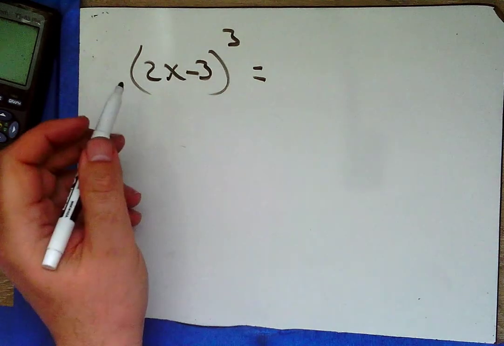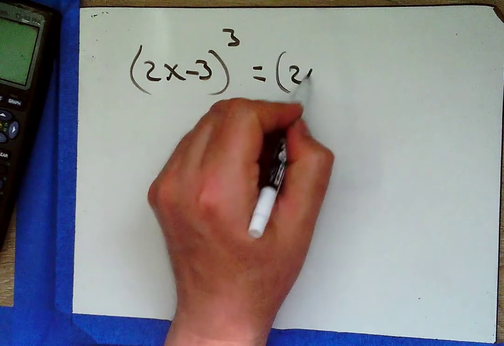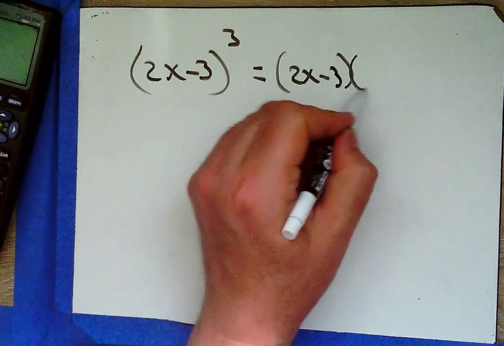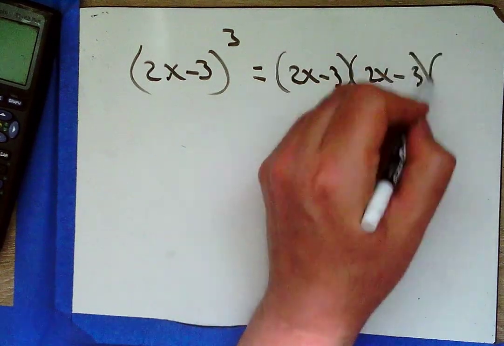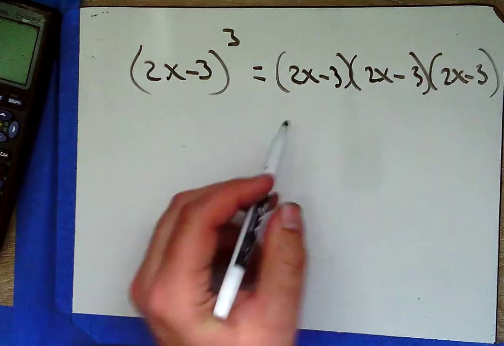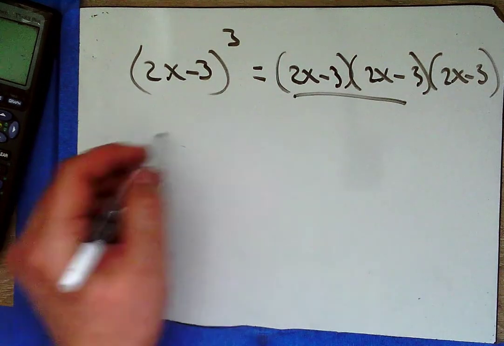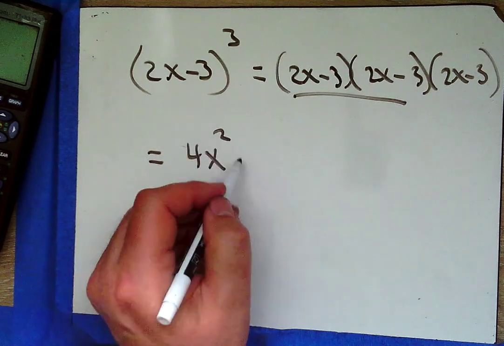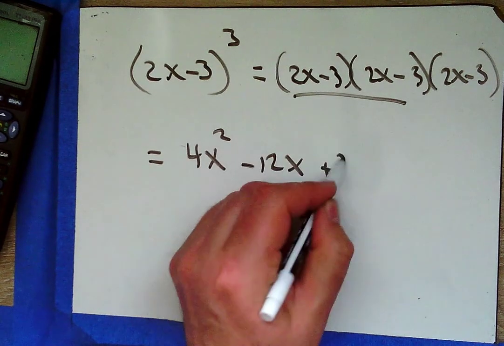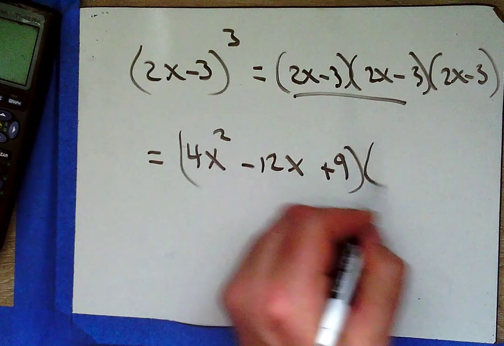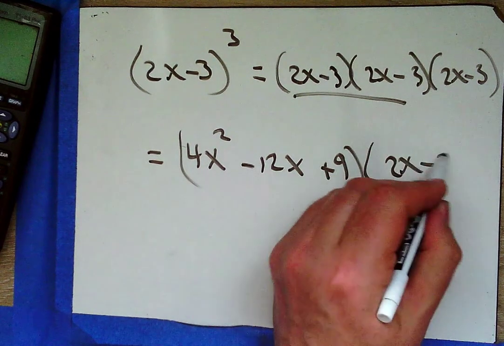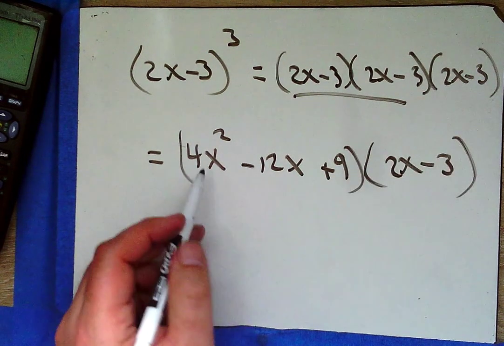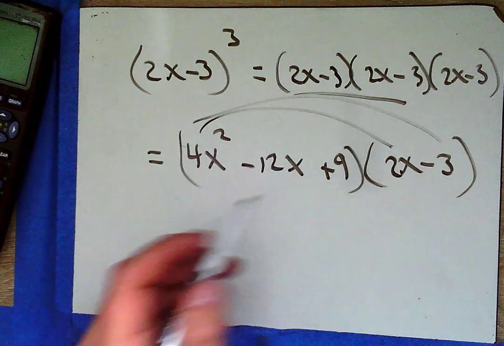Okay, welcome back. So I hope you thought about it as 2x minus 3 times 2x minus 3 times 2x minus 3 and started by FOILing two of them together. So this would give us 4x to the second minus 12x plus 9 times 2x minus 3. So now I have to multiply this times each of those.